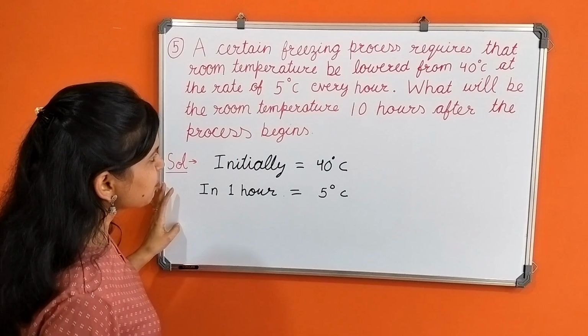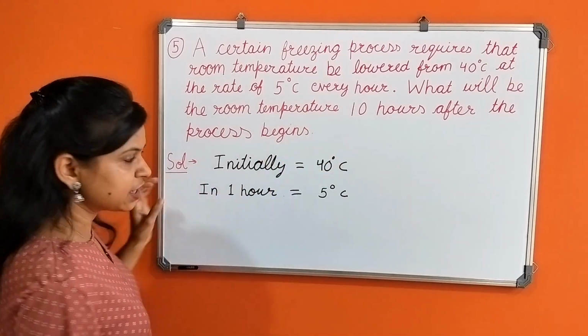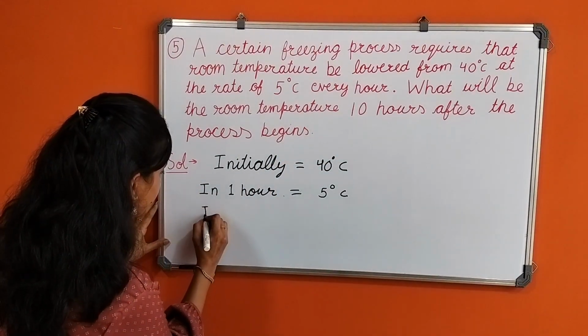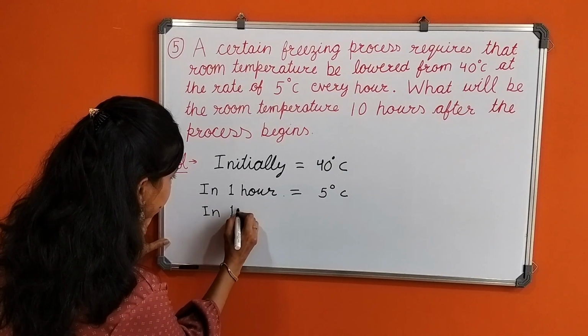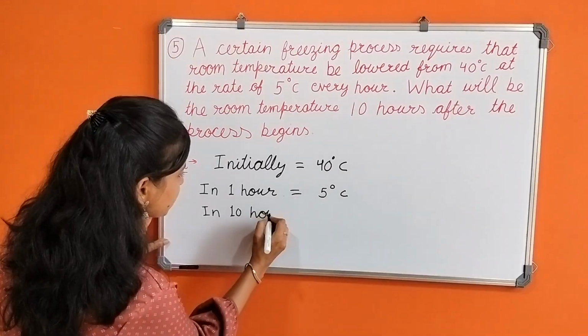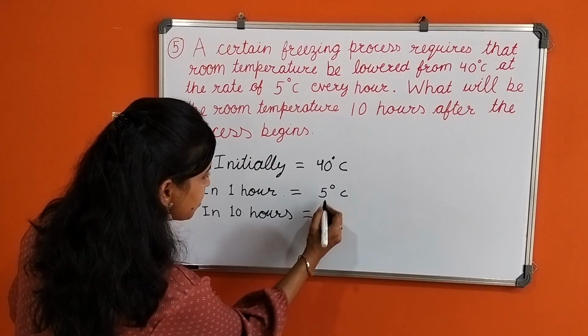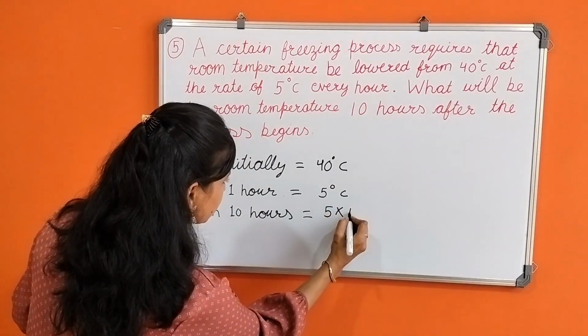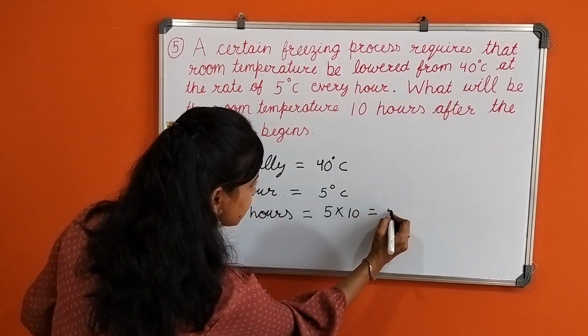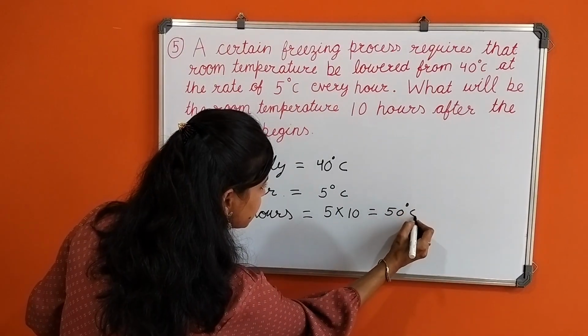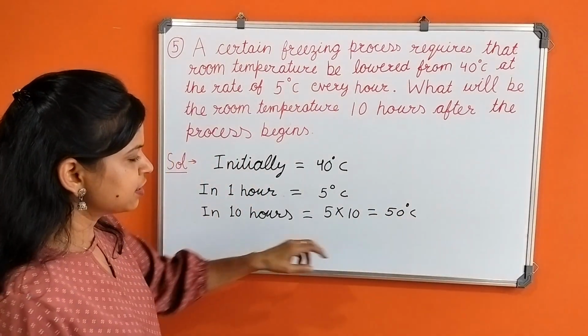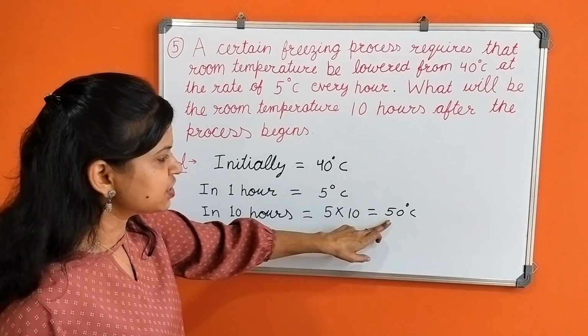So how much will the temperature change after 10 hours? In 10 hours, how much will the temperature change? 5 into 10. That is 50 degree centigrade. 50 degree centigrade temperature change is there.